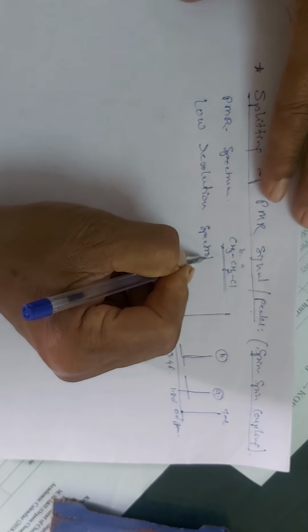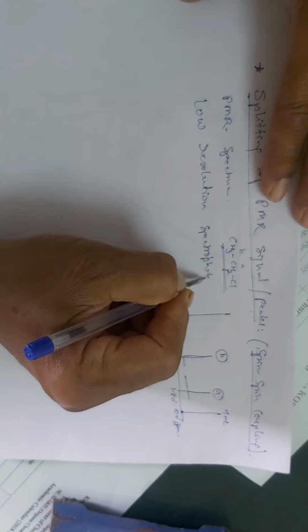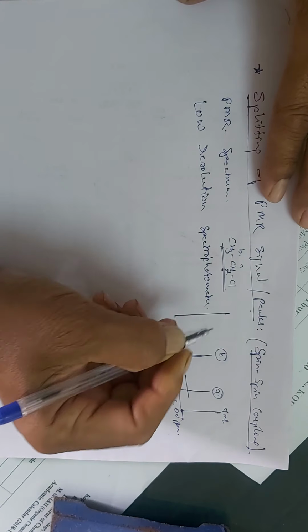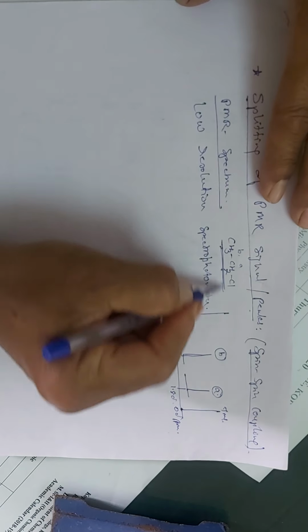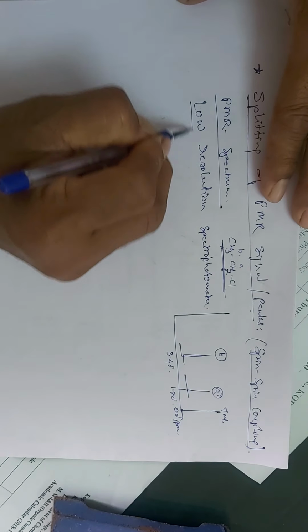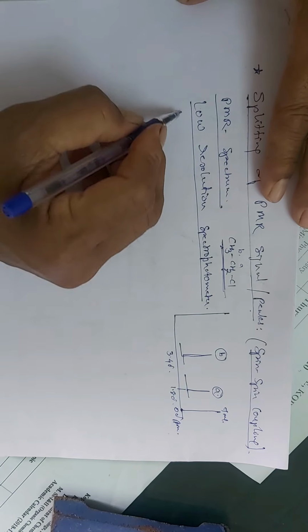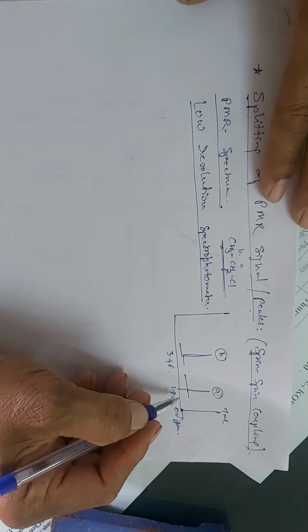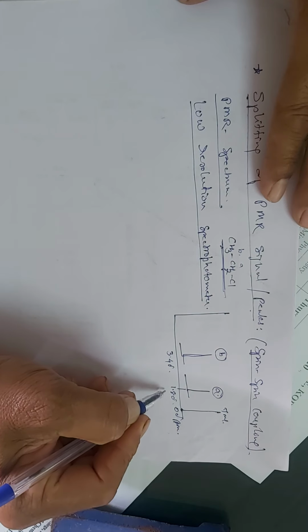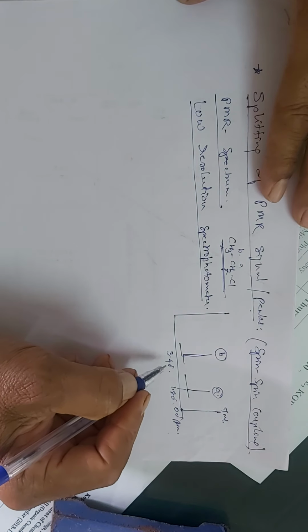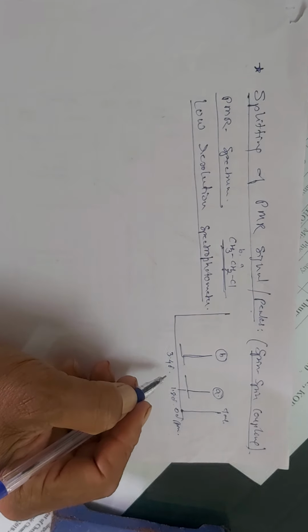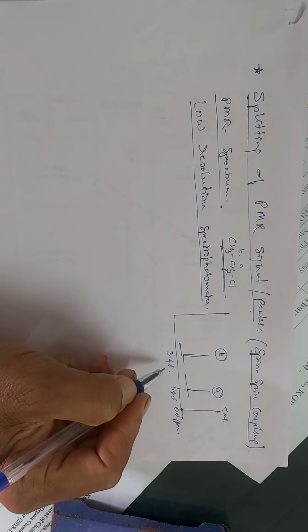The PMR spectrum of ethyl chloride was first studied under a low resolution spectrophotometer and gave a spectrum containing two signals, one at 1.8 del and one at 3.4 del.